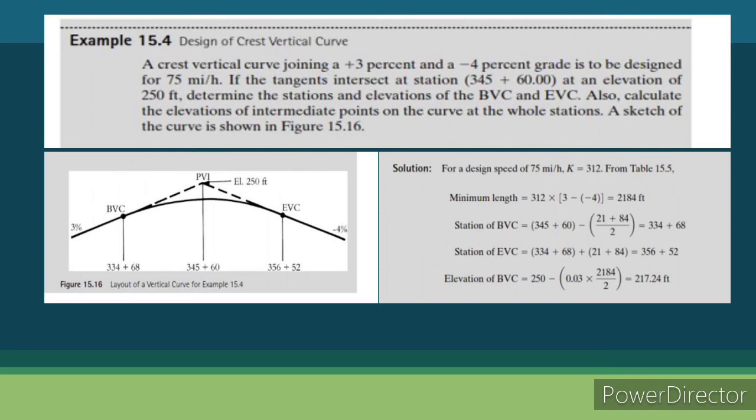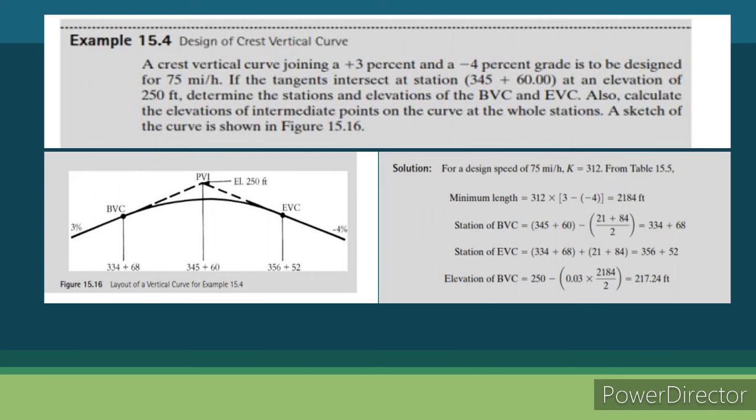We can calculate the stationing of the PVC and EVC, where the station of PVC is equal to 345+60 minus the minimum length over 2, which is 334+68. The station of the EVC is equal to 334+68 plus the minimum length, 2184, which is equal to 356+52.